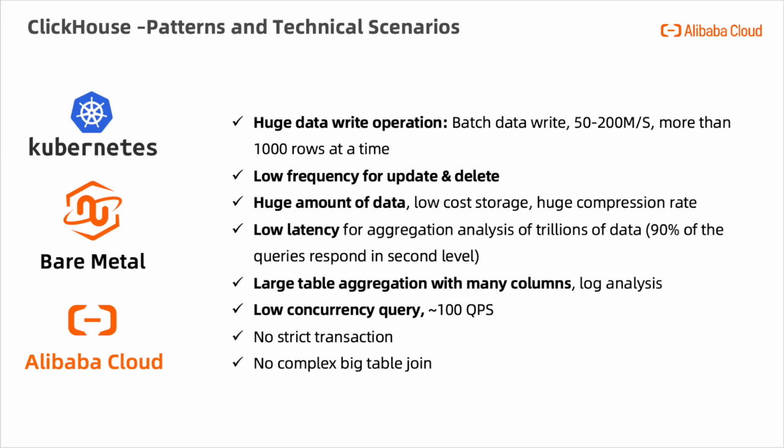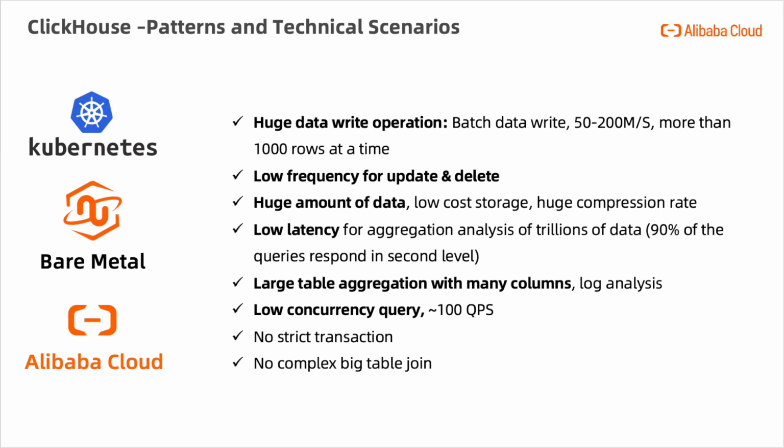For example, query latencies around 50 milliseconds are allowed. And remember what we talked about in the beginning: 90% of index queries respond at the second level. Besides, it also supports large table aggregation with many columns, like log analysis. Also worth noticing is that it works under low concurrency queries, about 100 queries per second.